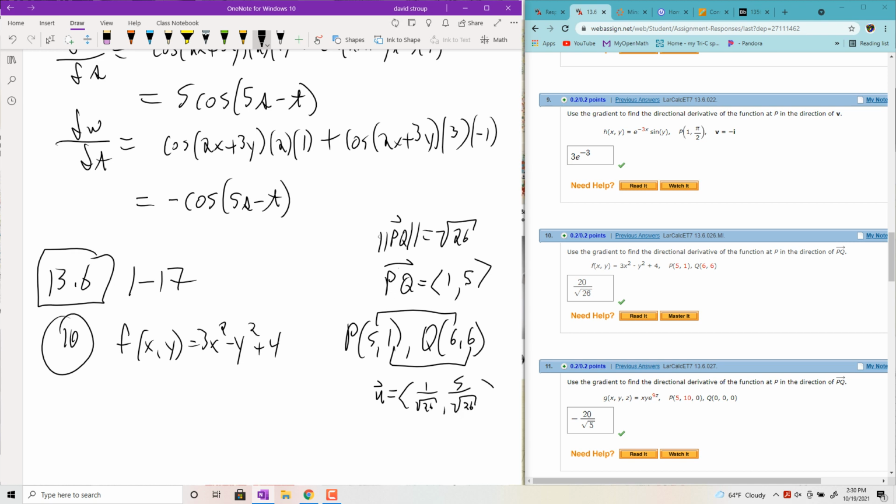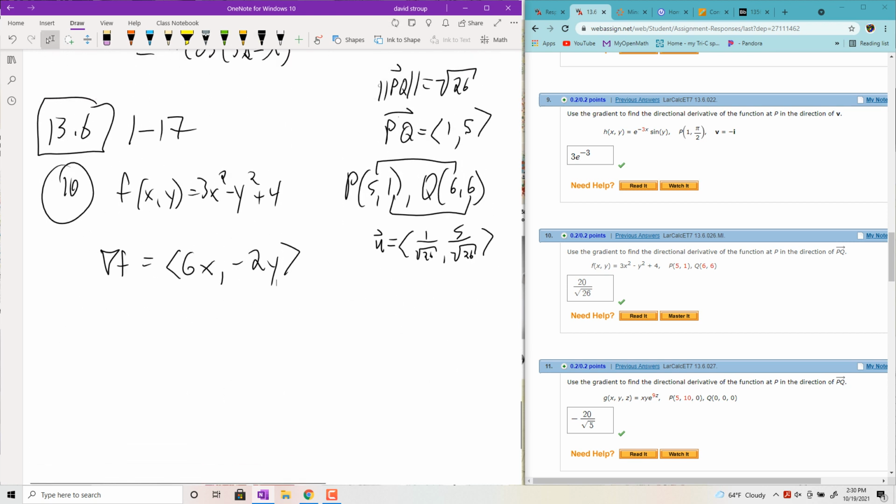So you need to make that a unit vector because that's the way all of our formulas were derived. Then you can get the gradient of f. It would be 6x, negative 2y, and then you evaluate at the point P, which is what it says in the directions. So D_u f at 5, 1 is going to be the dot product of the gradient and this unit vector.